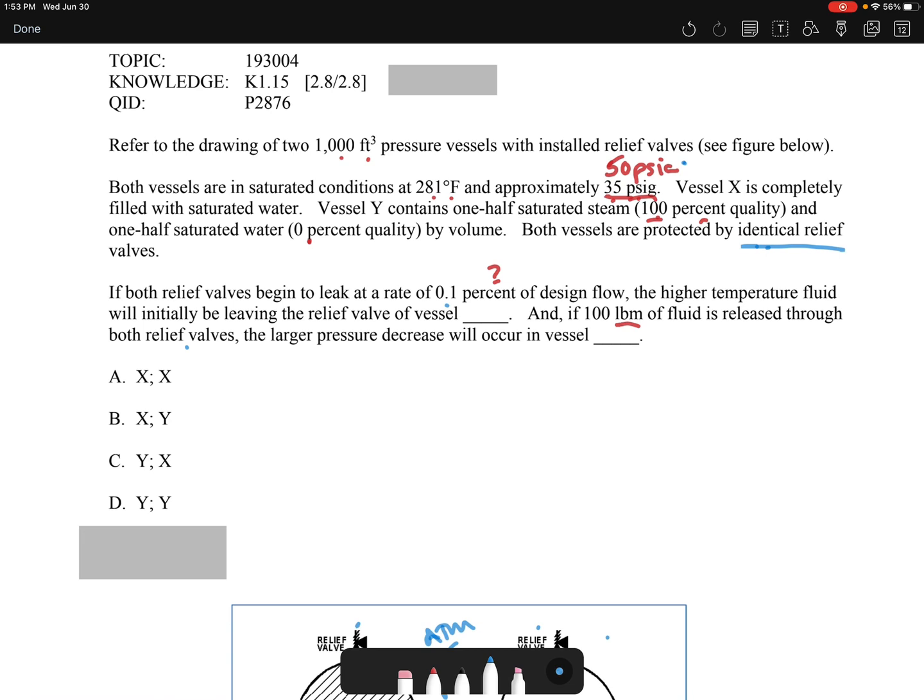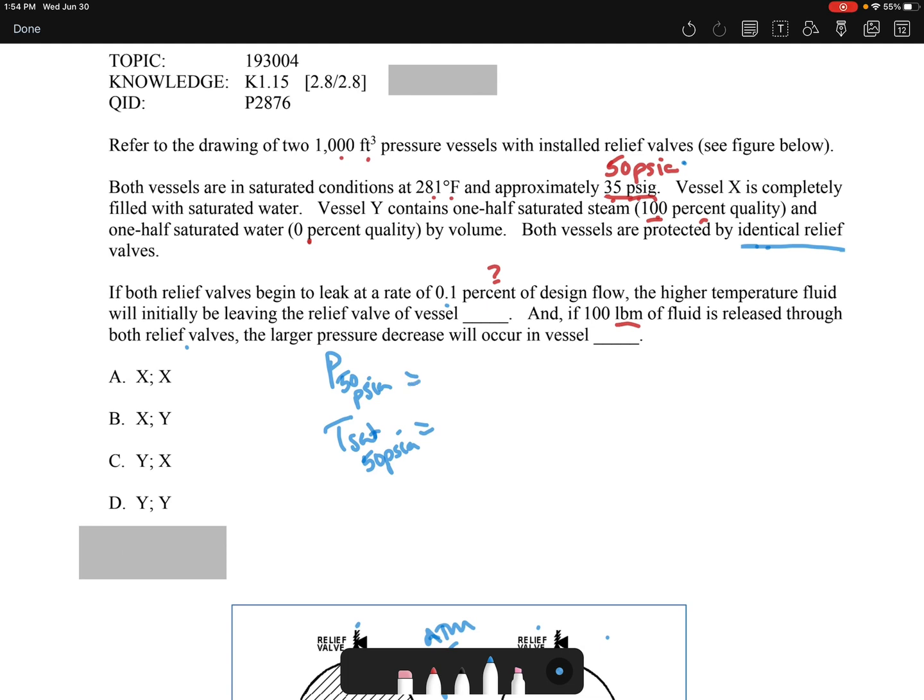First off, we got to get a handle on what our enthalpies are. Enthalpies are going to tell us how many BTUs it takes to raise 1 pound of water 1 degree Fahrenheit. All right, so first thing I want to know is the saturation temperature at 50 psia.